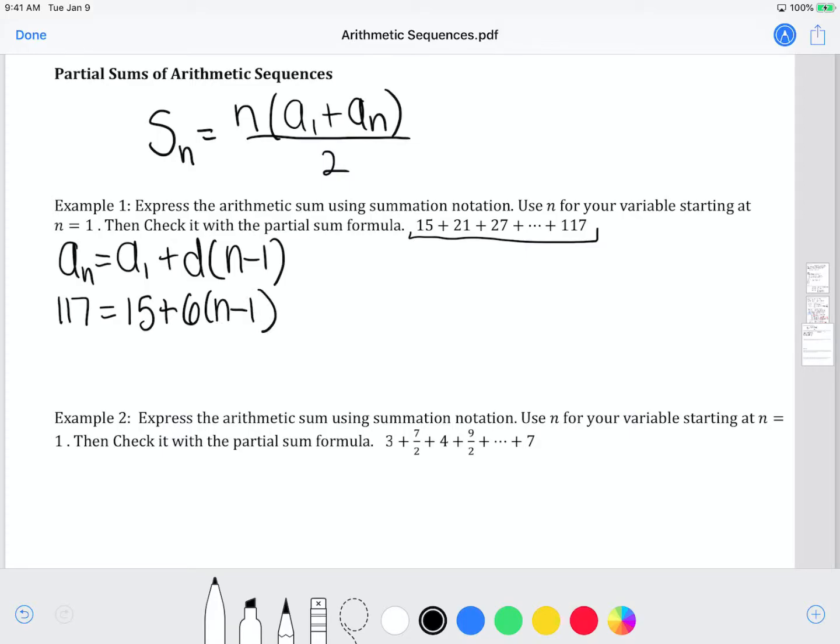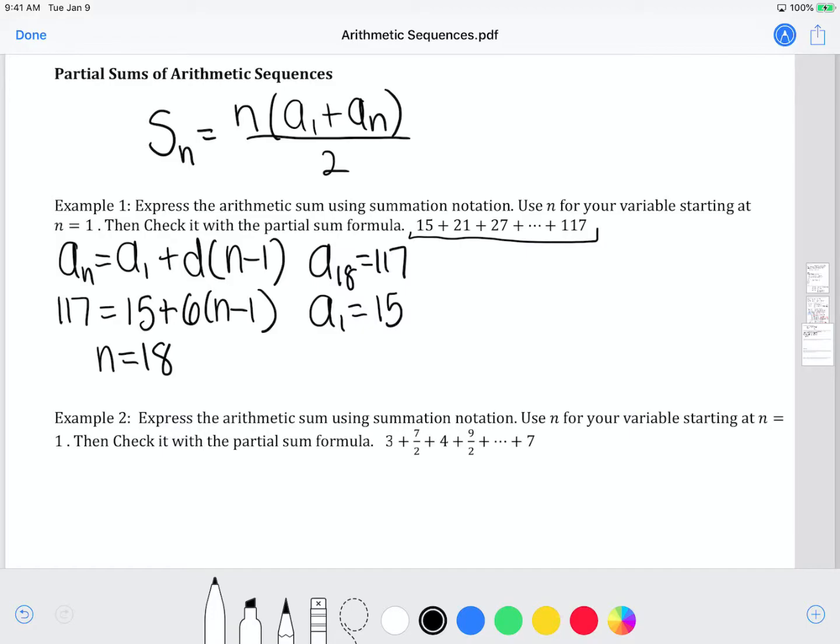So now I have everything plugged in, and I have to figure out what n is if 117 is the nth term. When I solve that, I find that n is 18. So I know now that a18 is 117 and a1 is 15.